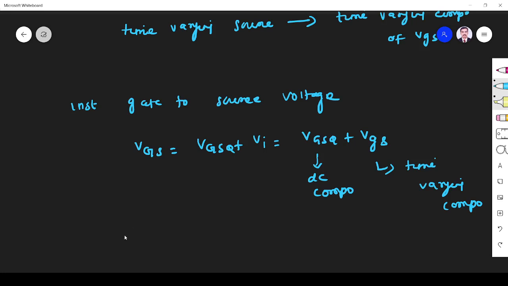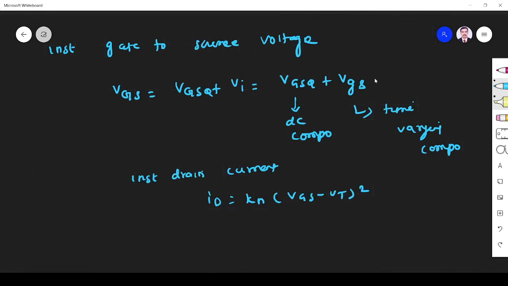Right. So what is the instantaneous drain current? Instantaneous drain current is equal to ID, which is given by Kn, because we have chosen an n channel MOSFET, (VGS minus VT) squared, right?